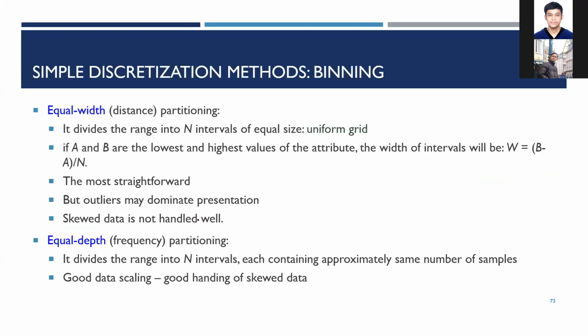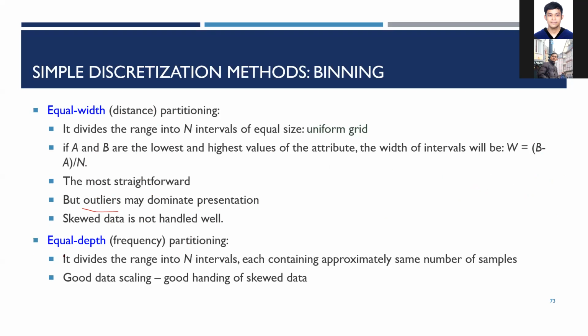This is the most straightforward way and the easiest one. But if we have outliers, the outliers may not be seen in the result, because we use it like this. Skewed data is not handled well.